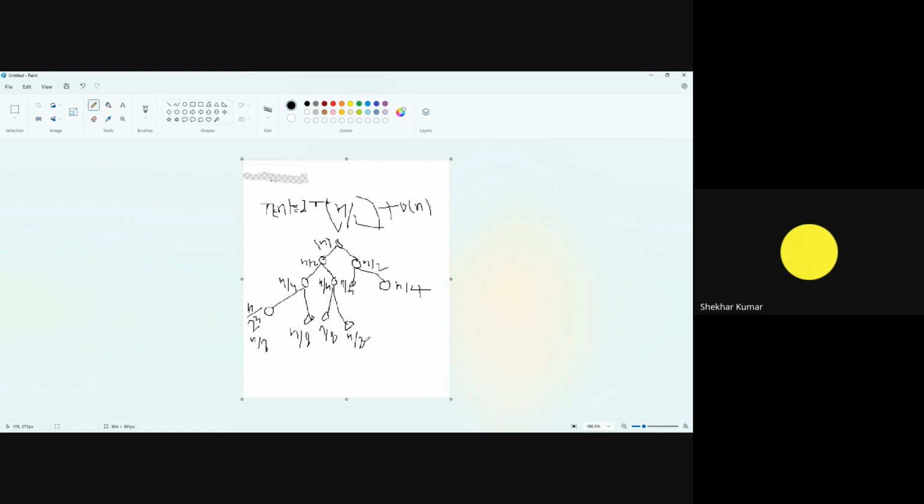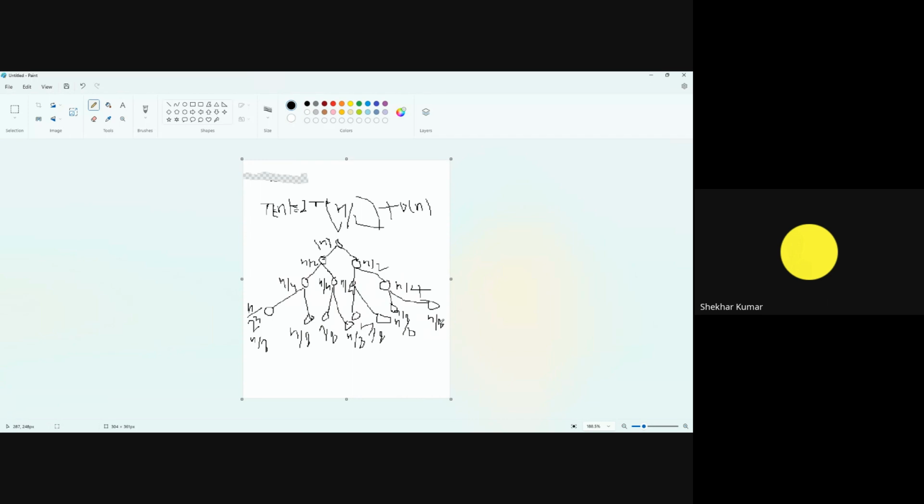In the same manner, on the right hand side, this problem is also further divided into n by 8, n by 8. This last subproblem will also be divided into two halves, n by 8 and n by 8.